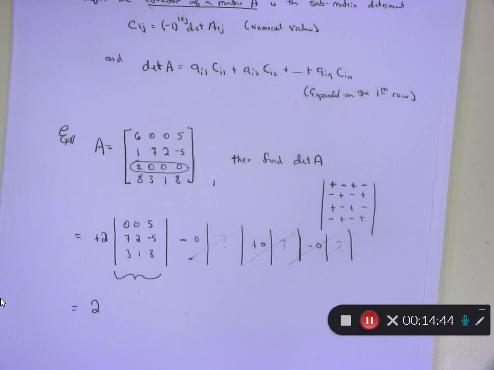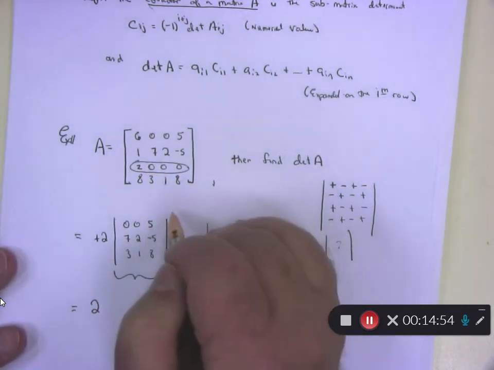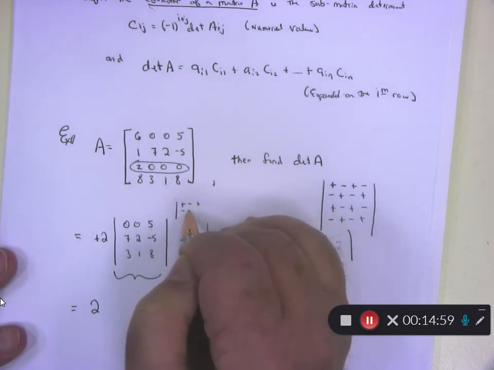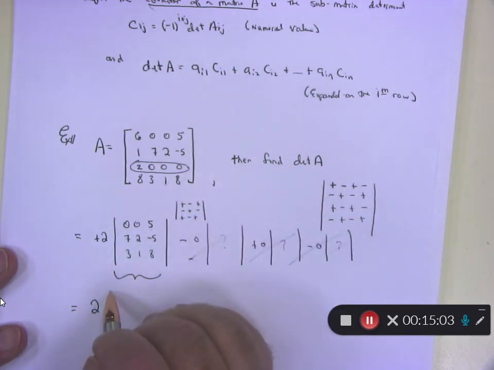Which row or column would you like to expand by? The first row. There it is right there. Again, you have to do the sign chart off of it. This will be plus, minus, plus. So it is 2 times, and I'll put a little bracket here.